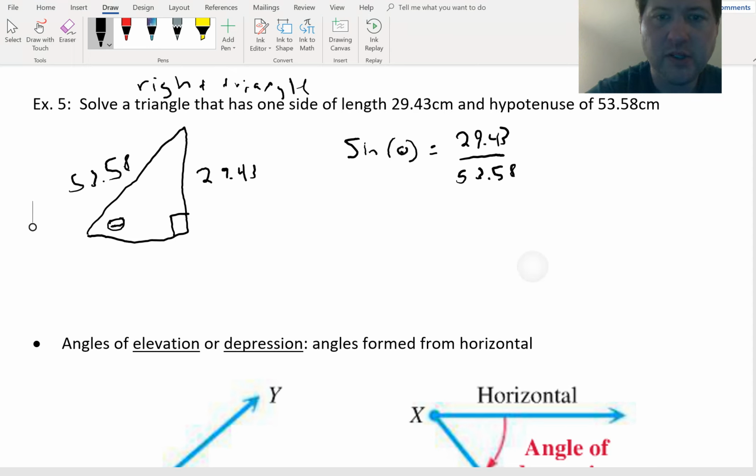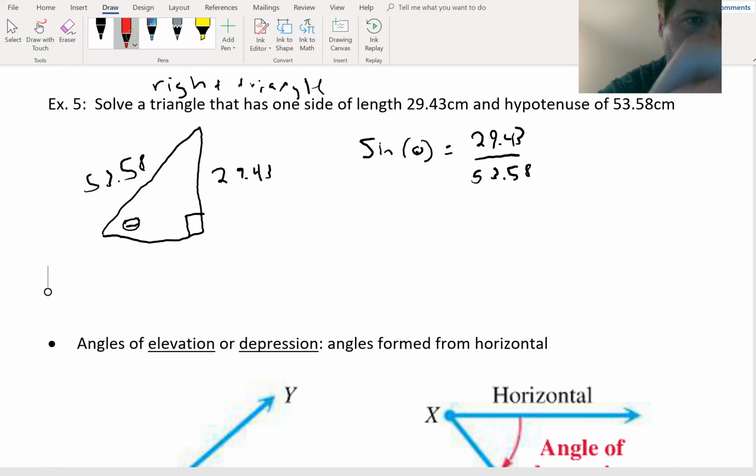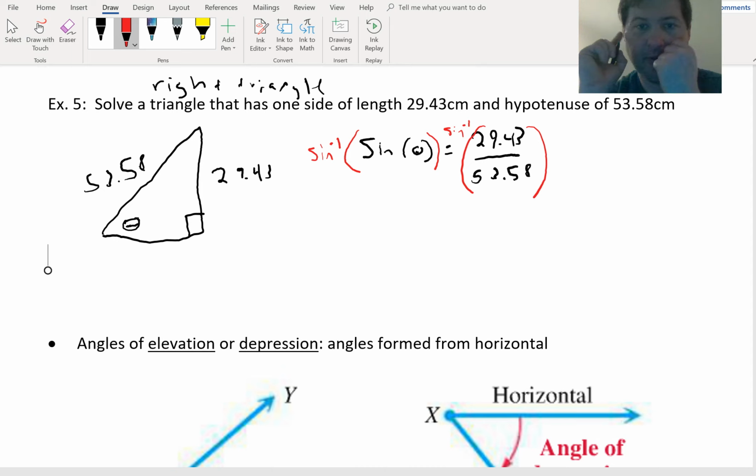And that is done using the inverse sine function. The way we do it is we take the inverse sine function of both sides, although I think no one but mathematicians actually write out this step.